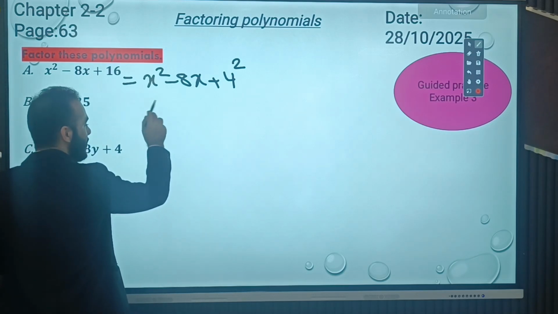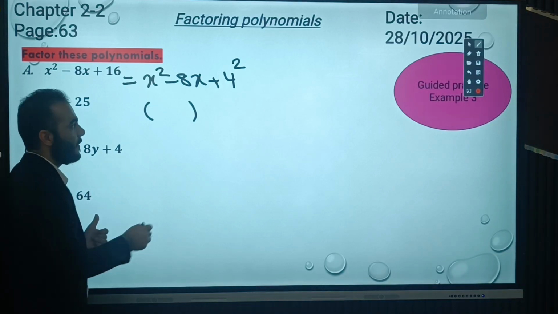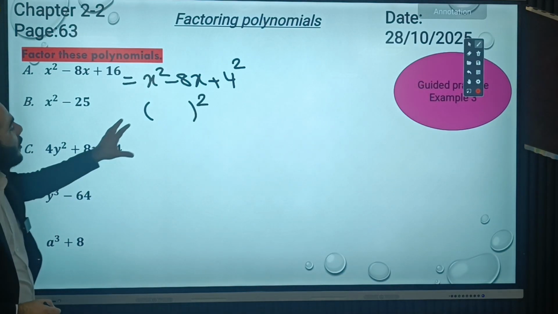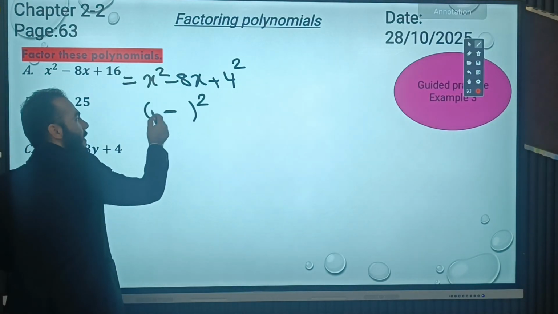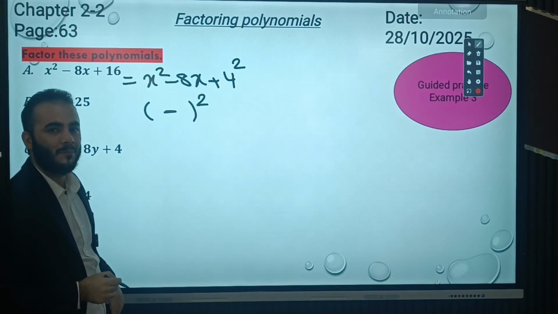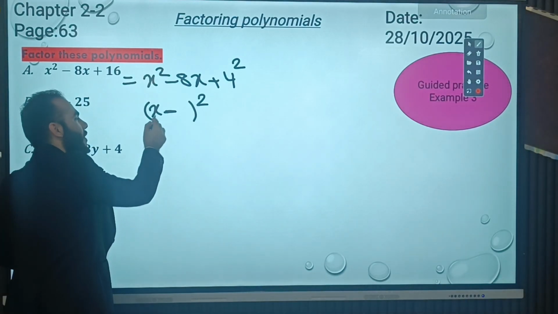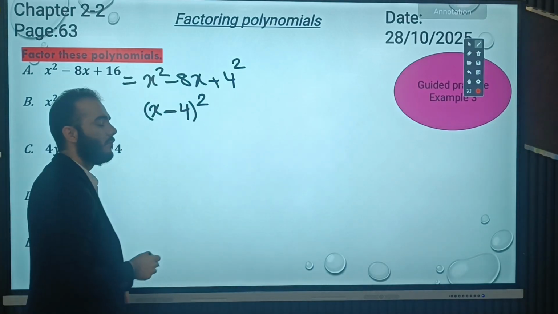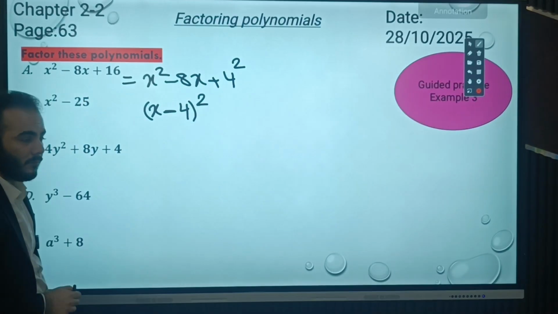Since it has 3 terms, it should be the square of a difference. Perfect. How are we going to find it? Since there is minus in the second term, inside our bracket we have got minus. So x squared, 1x would come for here, and then 4 squared, so 1 4 for here. That is how we are going to factorize that polynomial.